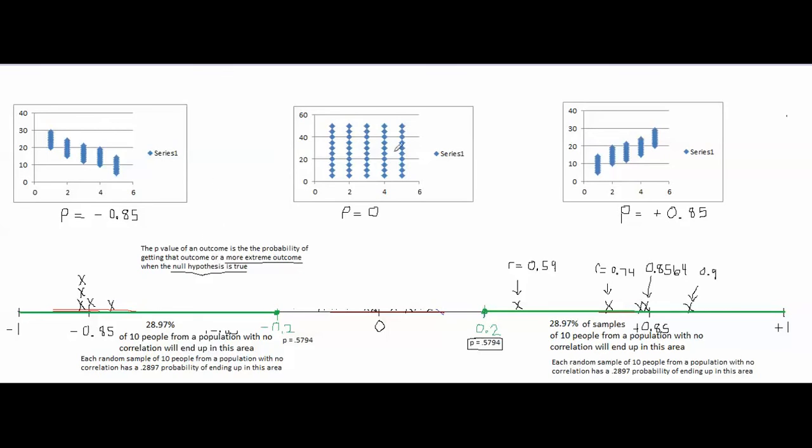So the random samples that are coming from this population would probably follow this type of a shape.